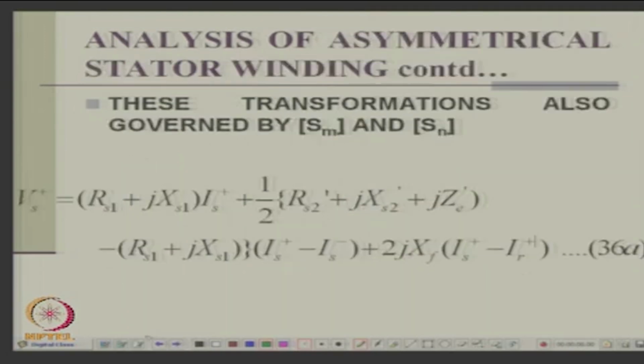If you do this, you have Vs plus equal to Rs1 plus Jx1 Is plus, Rs2 dash, Jx2, plus Zd dash, Is minus, and 2jxf into Is plus and Ir plus.